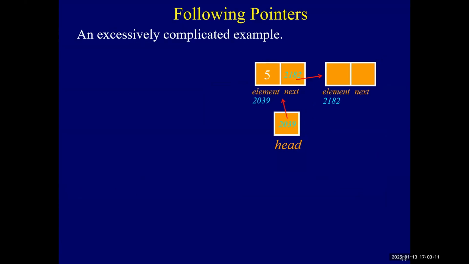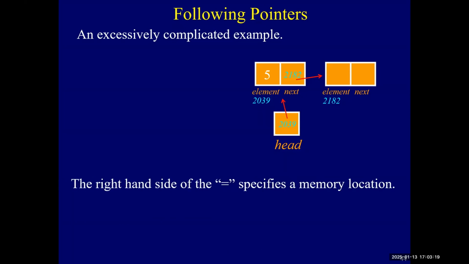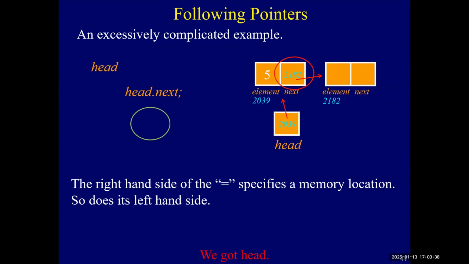Everybody good? Looks like we're going to do an excessively complicated example. So the right-hand side of the equals is head.next. Where's head.next? It's there. On the left-hand side, we got head, head.next, and head.next.next is there.